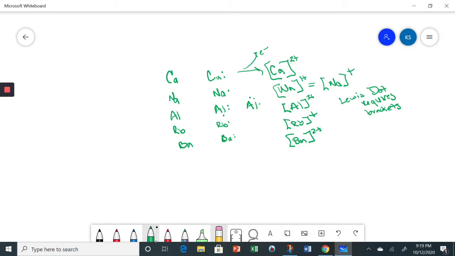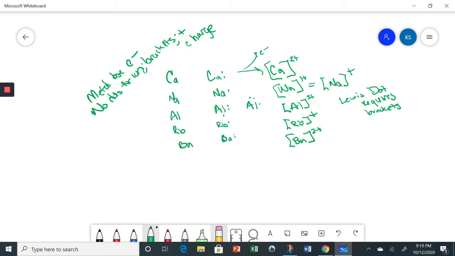Okay, so metals lose the electrons. No dots for the ion. Make sure you put the brackets and a positive charge. Outside the bracket, by the way.